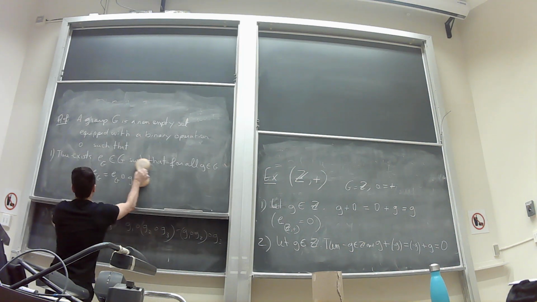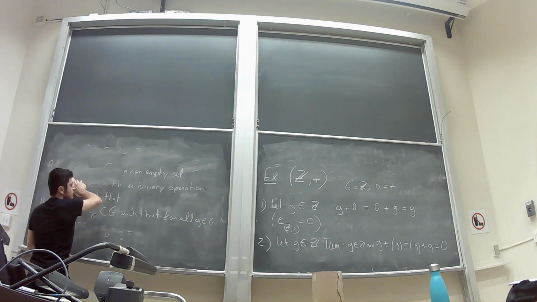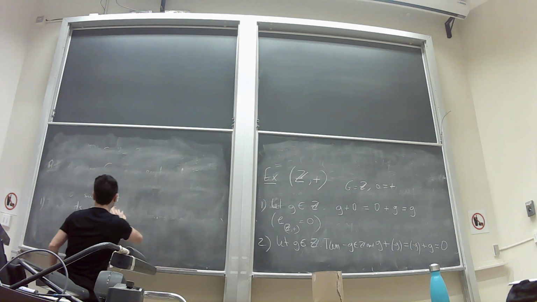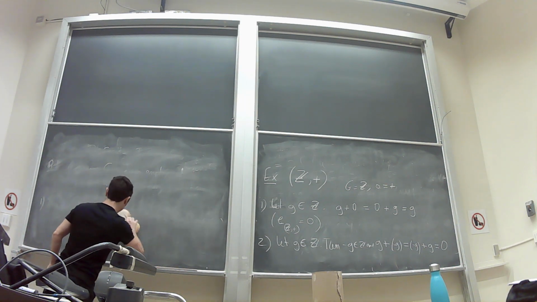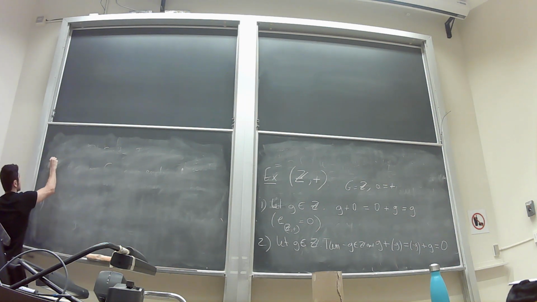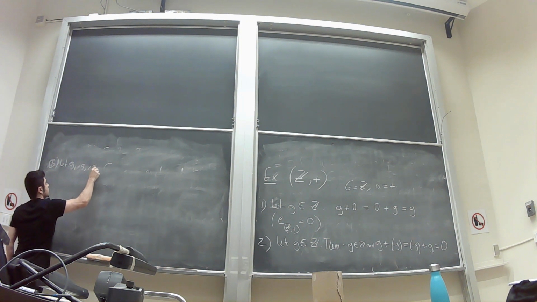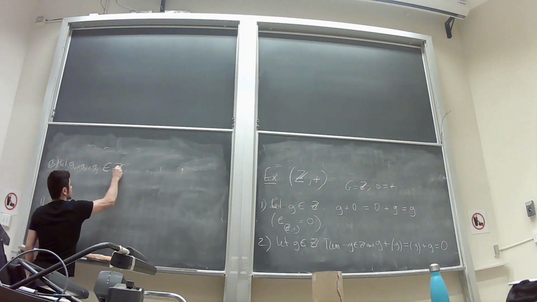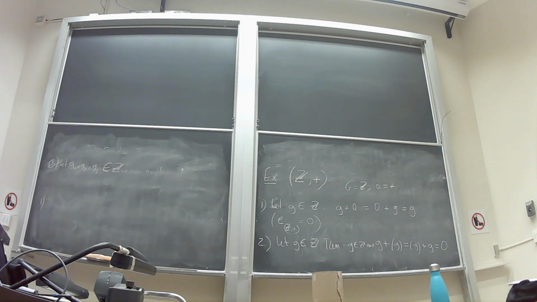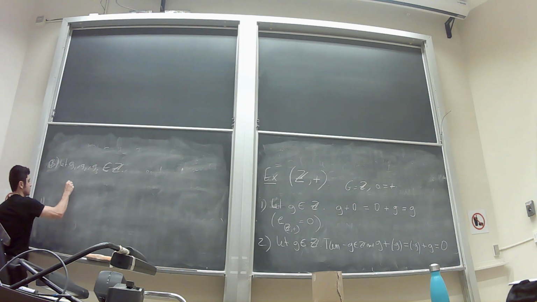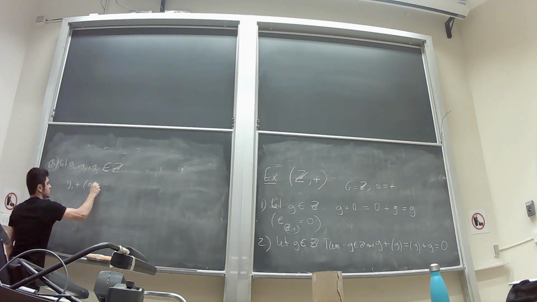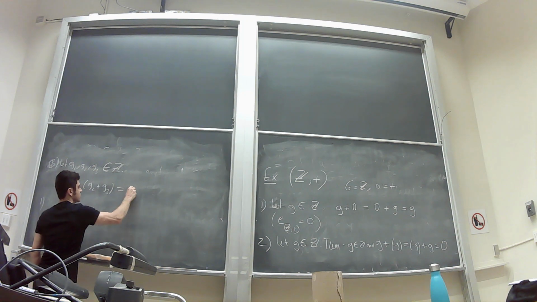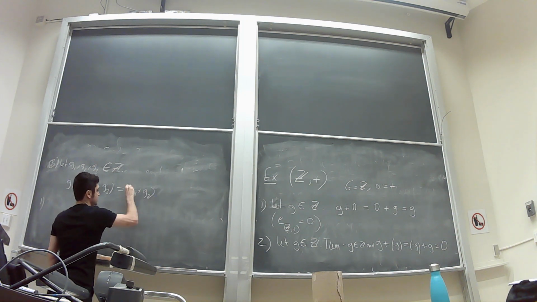Can you see the third property here? Okay, look at the third property, please. Is it satisfied? 3. Let G1, G2, G3 be in Z. Can I say that G1 plus G2, plus G3, is equal to G1 plus G2 plus G3?